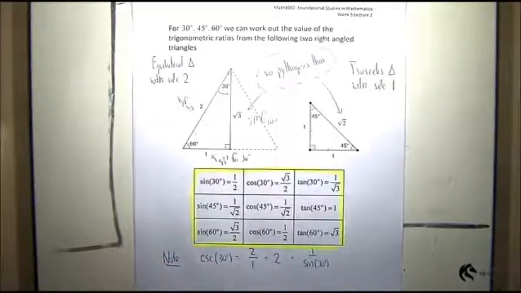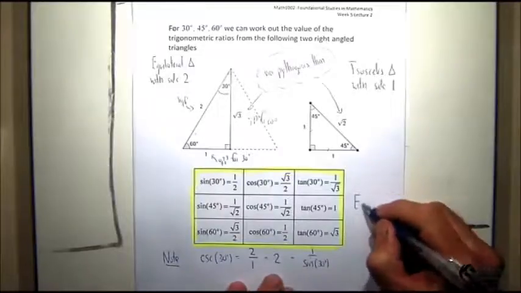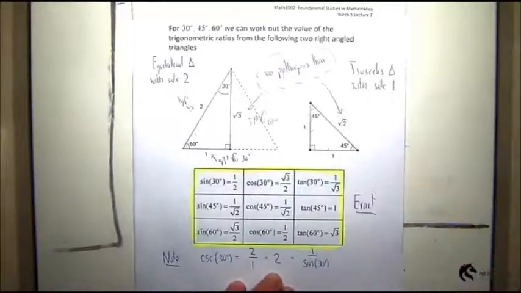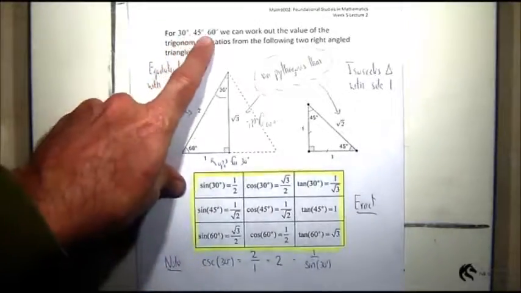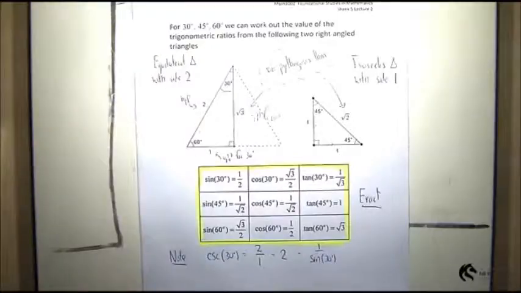So these values here are exact. We can get the exact value for other angles other than 30, 45 or 60, but I'm not going to expect you to be able to do that in this course. If you know these ones, that's good enough.